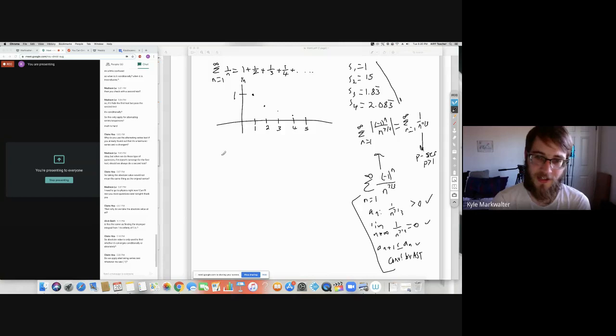I could give you a series like negative 1 to the n times e to the n plus 1 over n factorial times 5 to the n. This becomes a lot more challenging to do the alternating series test with, but would actually be really convenient for the ratio test.